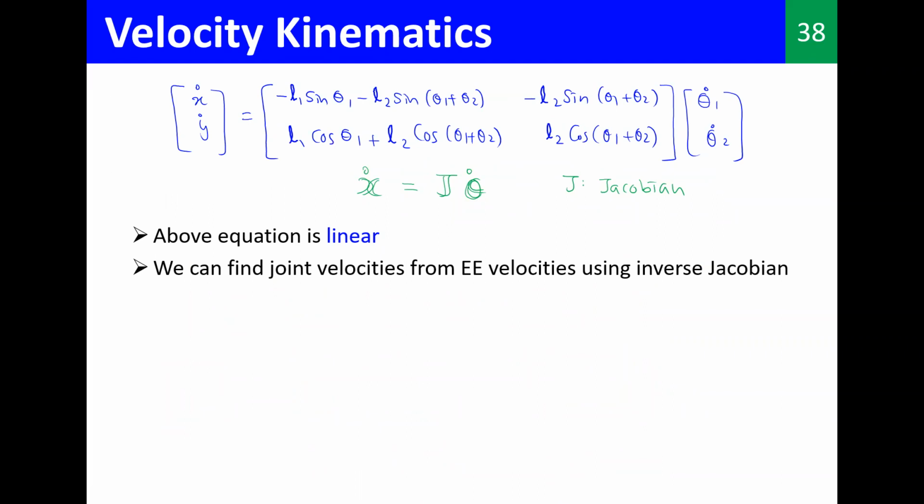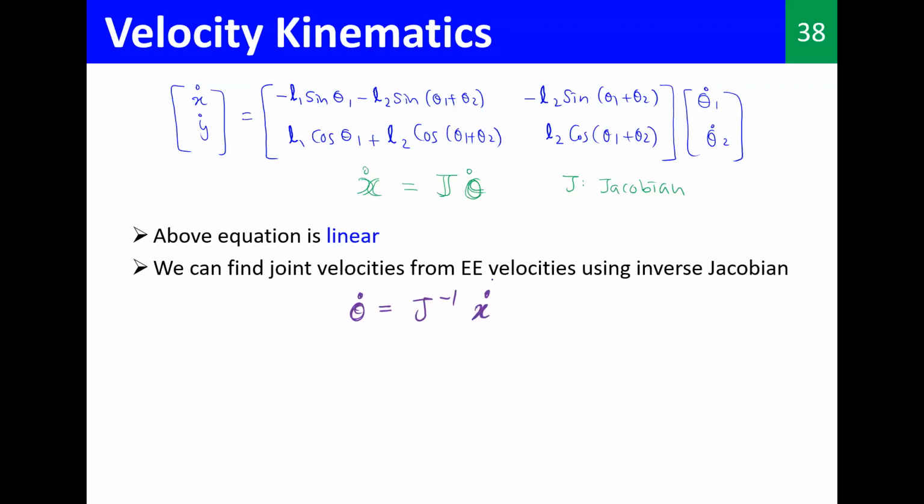It's not about finding what is going to happen to the tool if I give some motor velocity, but the opposite, right? I want to find the motor velocities if I know the final velocity of the tool. So theta dot is going to be J inverse, the Jacobian inverse, times this one. This is the very important relationship we can find.